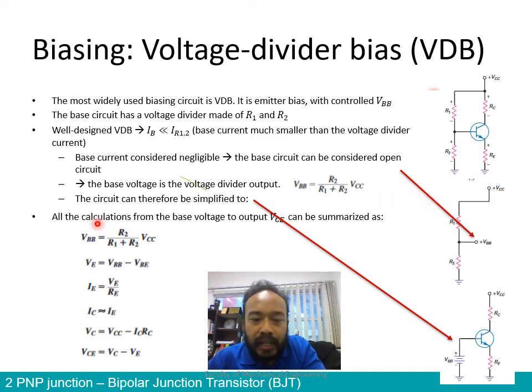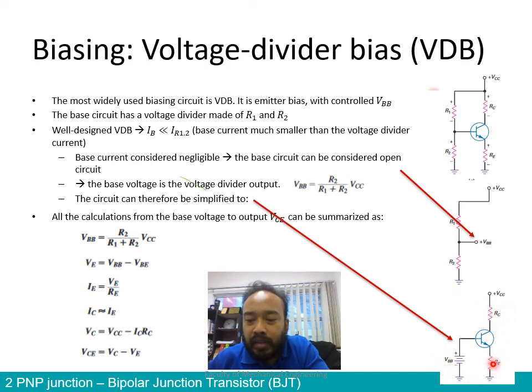From that calculation, the circuit can be simplified. Instead of having the voltage divider, we now have VBB, where VBB is the output of this voltage divider. And then for all the calculation from there, as we can see over here, this circuit is basically the same circuit as in the previous slide. It is the circuit of an emitter bias configuration.